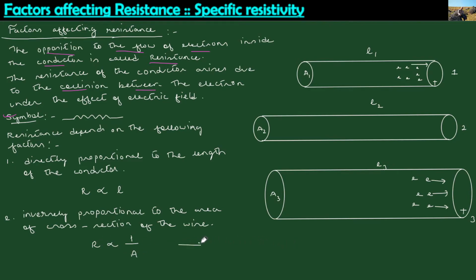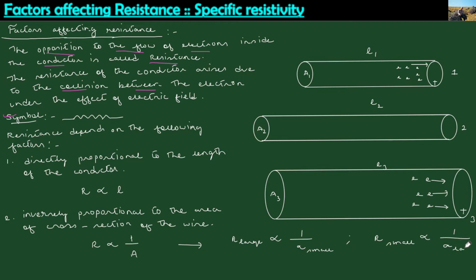This is the meaning: our resistance will be large only if the area is small. More electrons have to cross, so there will be more resistance. And resistance will be small, or less, when the area is large.